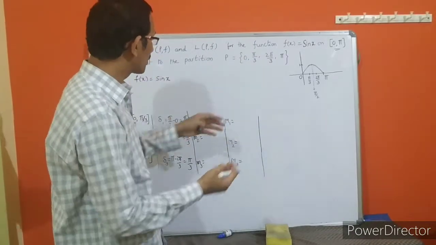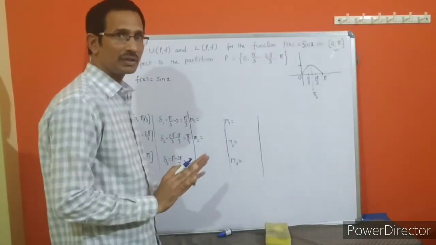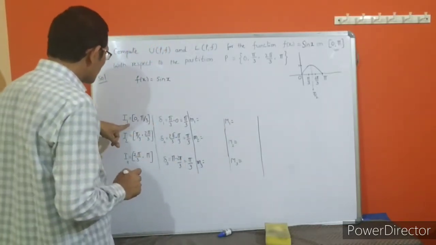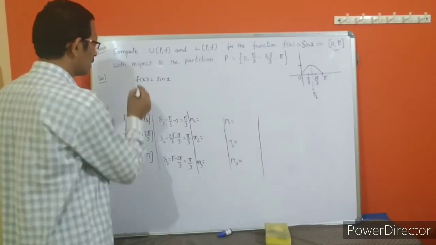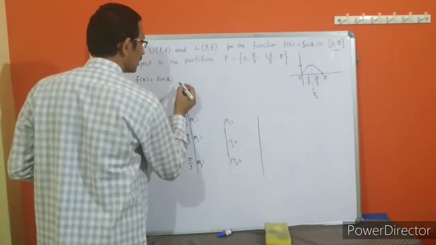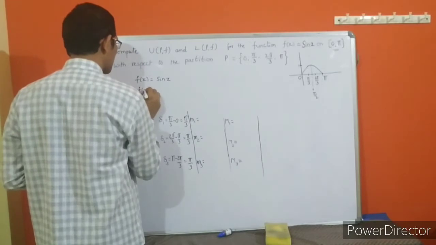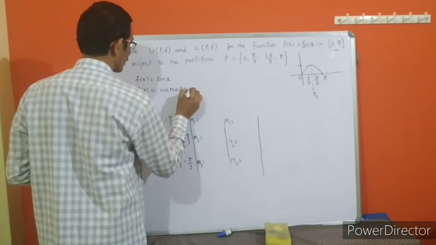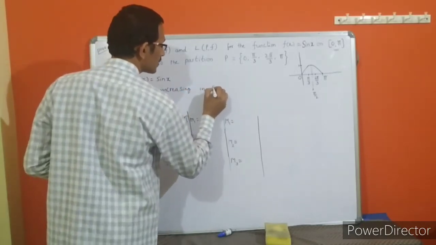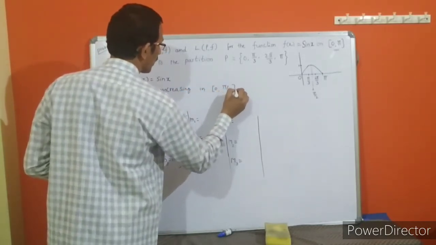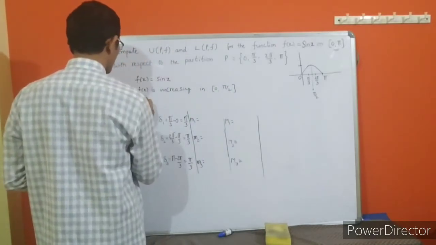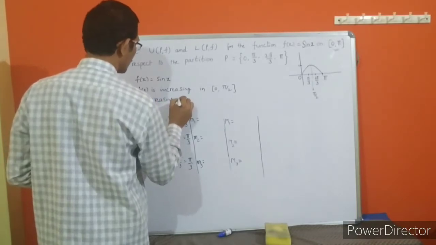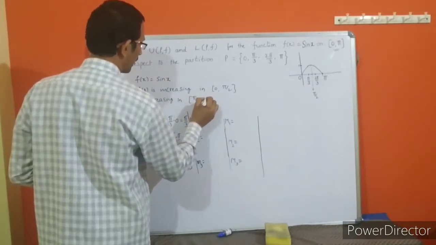Now we will compute small m1 and capital M1. First, what is the subinterval here? 0 to pi by 3. Let us write f of x equals sin x. Here f of x is increasing in 0 to pi by 2 and decreasing in pi by 2 to pi.